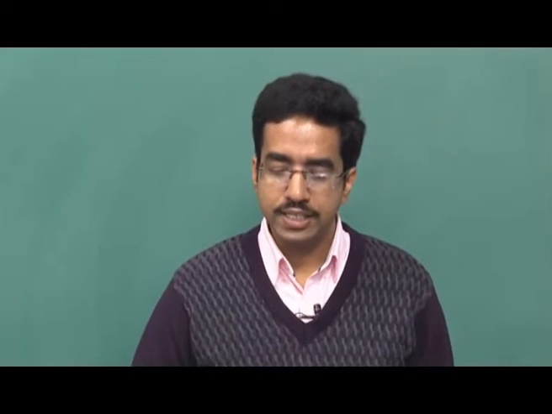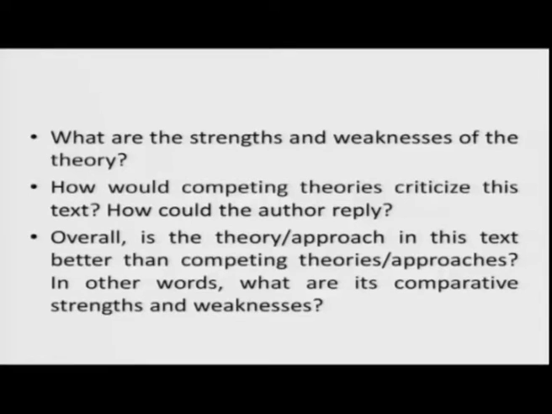Overall, is the theory approach in this text better than competing theories approaches? In other words, what are its comparative strengths and weaknesses? Note here that it is impossible to develop the perfect theory; it is bound to have its own limitations.